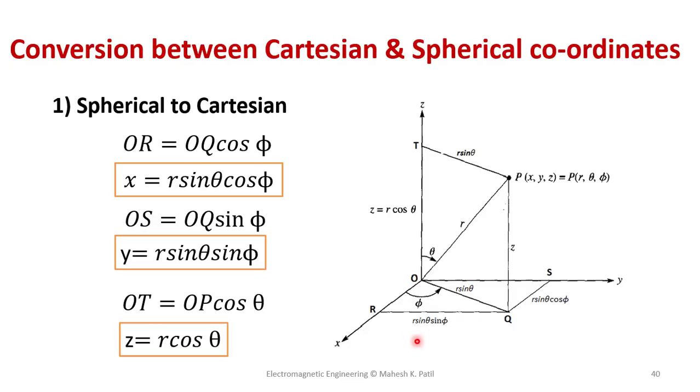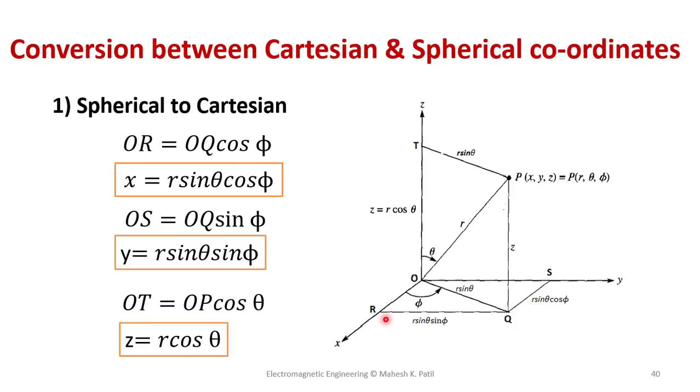So this RQ side will be r sin theta sin phi. Similarly, for the adjacent side we have to apply cos phi. So if I apply cos phi here and simplify, I will get this OR answer as r sin theta cos phi.